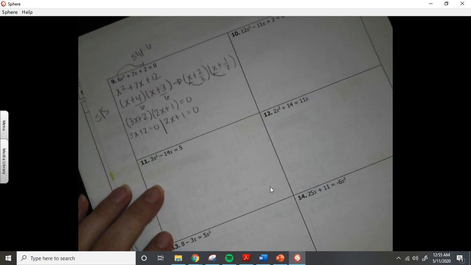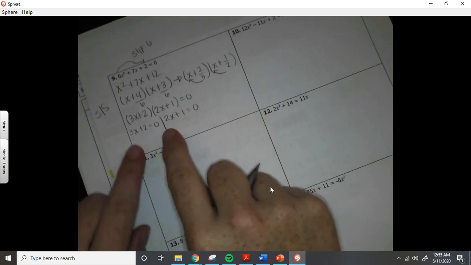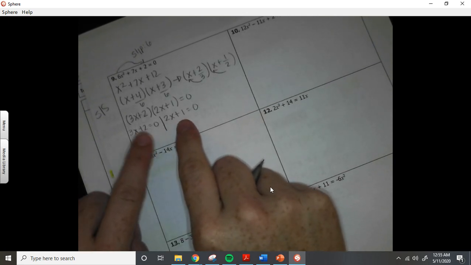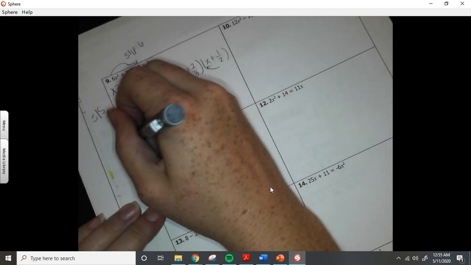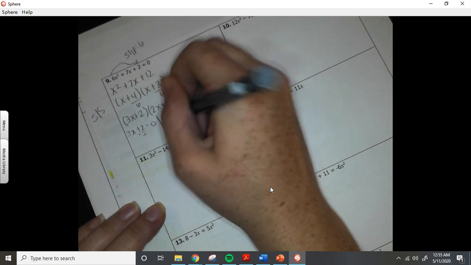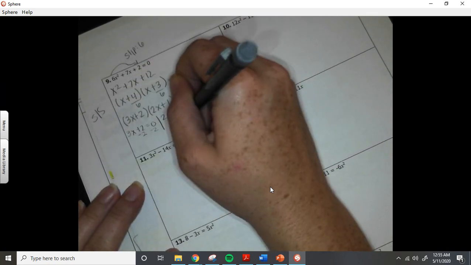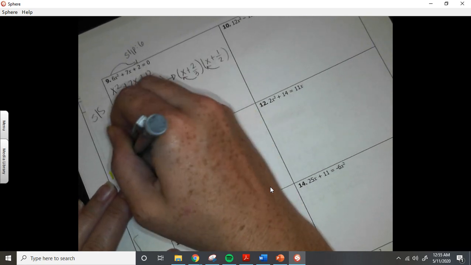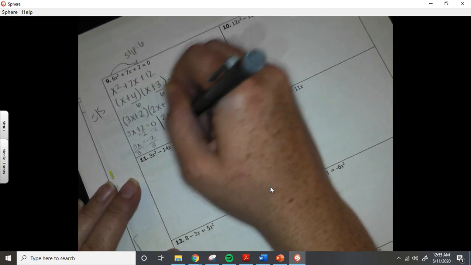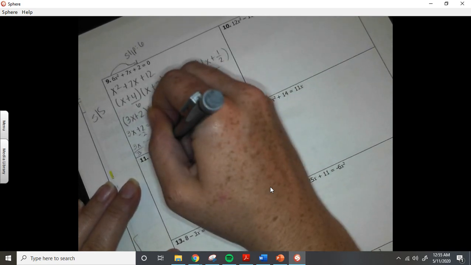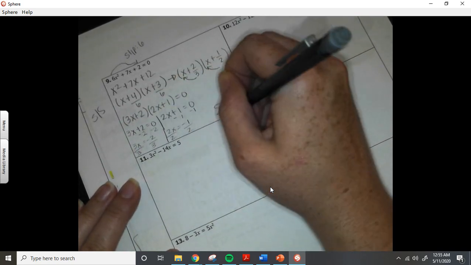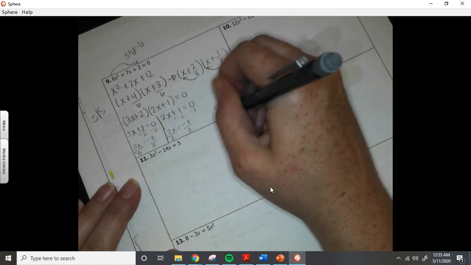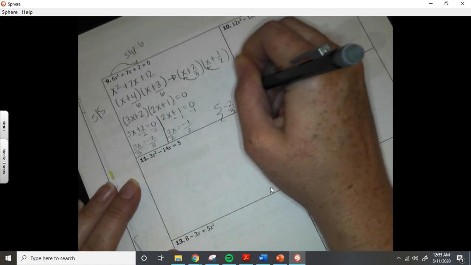Not all the time, not both factors, but if you've got these and they're not divisible by those numbers, you're almost positive to have a fraction. So 3x equals negative 2, and 2x equals negative 1. So our answers are negative 2/3 and negative 1/2.